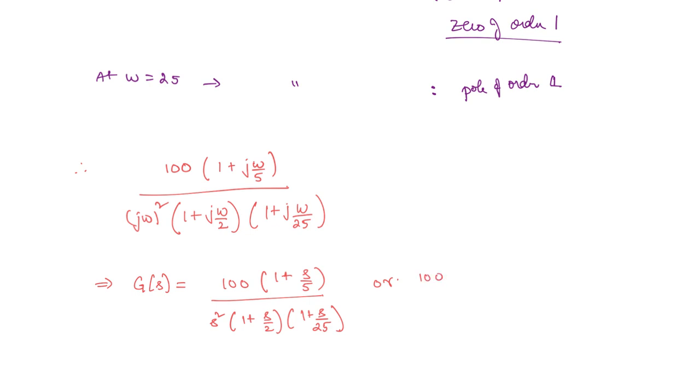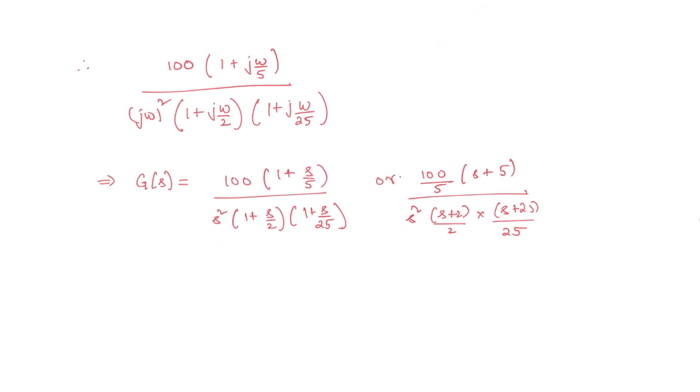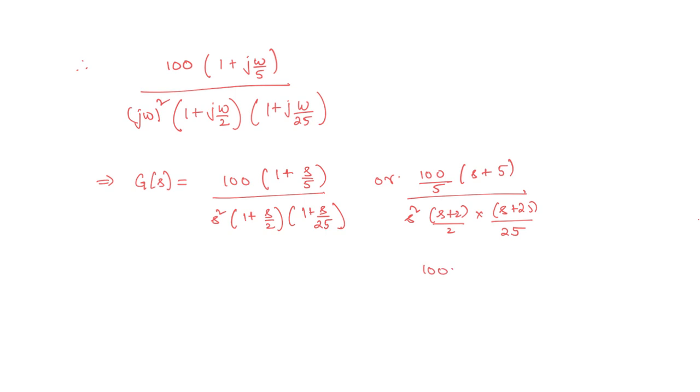You're going to get 100 divided by 5 into s plus 5 divided by s square into s plus 2 by 2 into s plus 25 by 25. So this is going to come out as 1000 into s plus 5 divided by s square into s plus 2 into s plus 25.